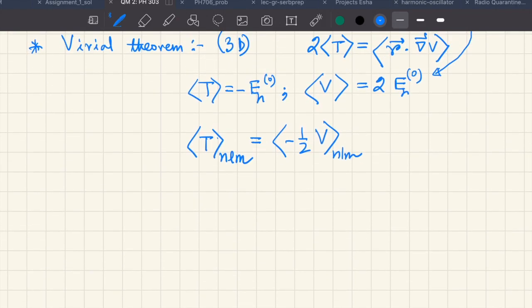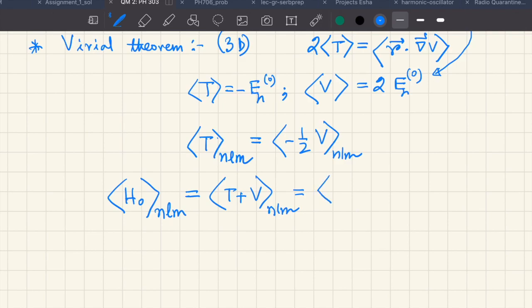So if we have H naught, the unperturbed Hamiltonian, its expectation value is nothing but T plus V expectation value in the same state. And we have just seen that this is minus half V plus V, which is half the expectation value of V in NLM.